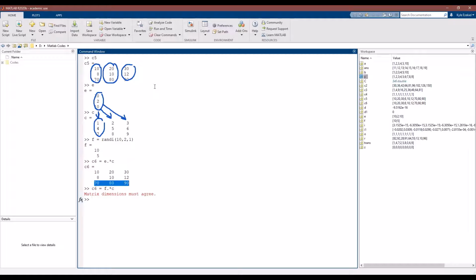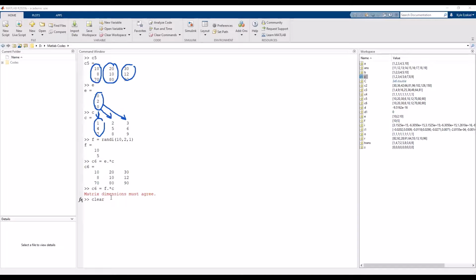So once again, I encourage you to learn or study linear algebra for you to be able to determine kung ano ba yung mga pwede at hindi pwede in terms of matrix multiplication and also the following operations. So that's it.